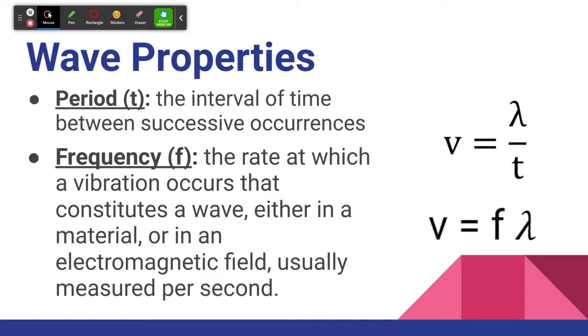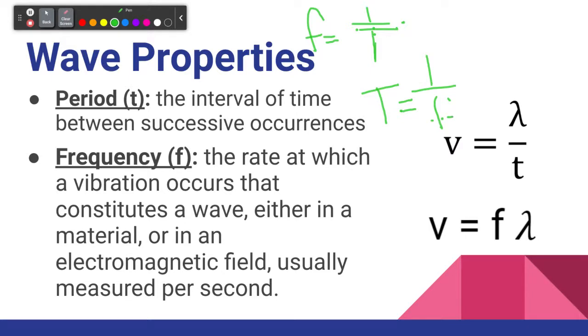So if we had period and we needed to know frequency, frequency is just going to be equal to 1 over T, 1 divided by T. Basically the same thing works if we are given frequency but need to know the period. It's just going to be 1 divided by the frequency. Because again, they're reciprocals of one another.